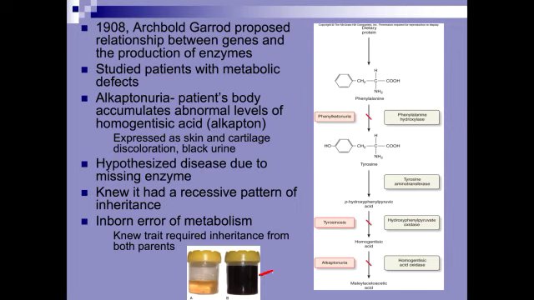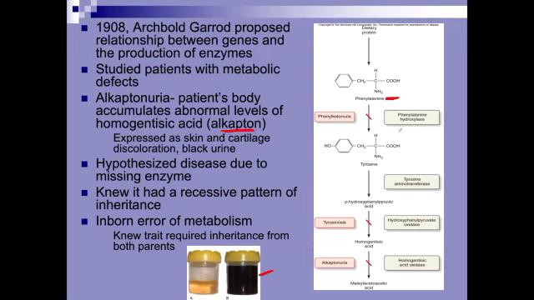Now, what we're looking at is the breakdown of phenylalanine. Alkapton is an intermediate in the breakdown of an amino acid here called phenylalanine. Phenylalanine is broken down by phenylalanine hydroxylase into tyrosine.